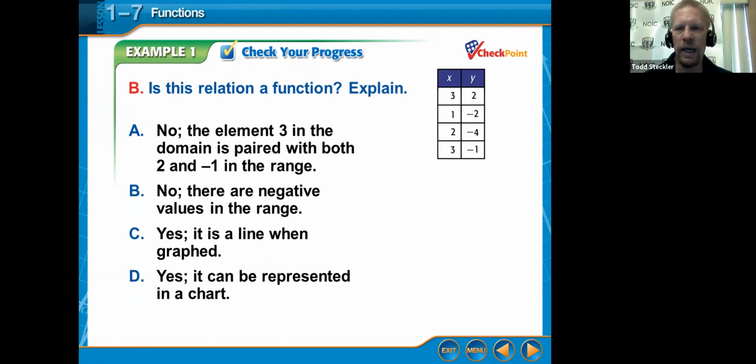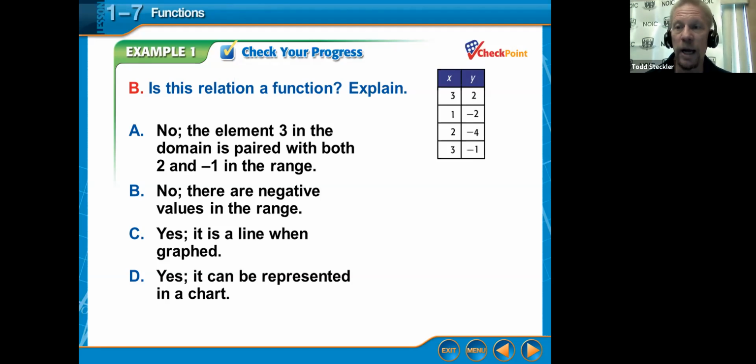Let's take a look at letter B. This is a table. If you remember from the previous lesson, the domain are the x's. In this case, there are 3 x members. Those 3 x members are 3, 1, and 2.